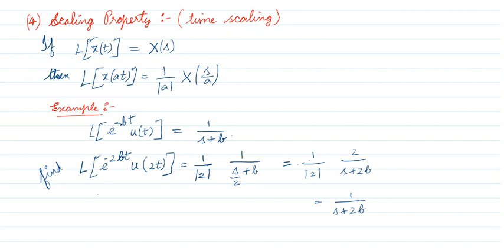Here it is scaled by a, where a is 2, so 1 by magnitude of 2 into 1 by, in place of s, putting s by 2, plus b. On solving this, we will get 1 by s plus 2b. This property is called time scaling property.